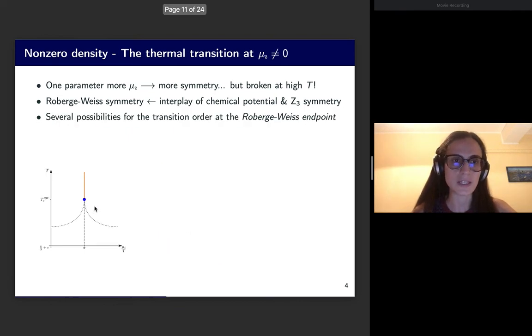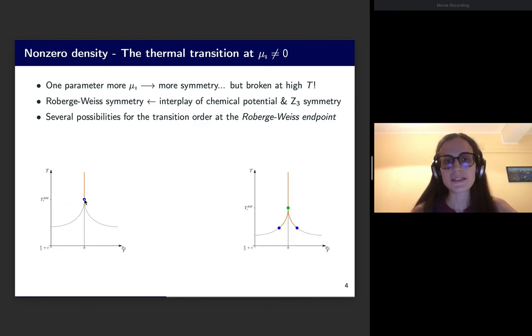call the Roberts-Weiss endpoint. One possibility is that the first order line just terminates into a second order critical endpoint precisely at the endpoint. However, it can be that our first order transition is still strong enough such that the endpoint is actually a first order triple point, made triple by the fact that there is coexistence of three phases at that point.